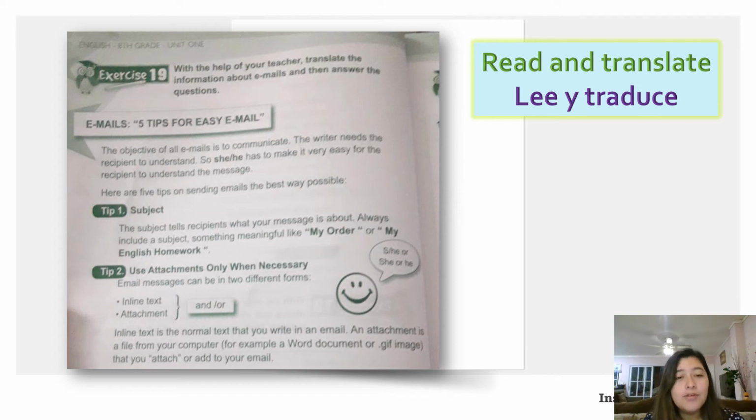El objetivo de todo correo electrónico es de comunicar. El escritor necesita que la persona que va a recibir comprenda. Entonces, él o ella tiene que hacerlo fácil para que la persona comprenda el mensaje. Aquí vamos a ver 5 tips para escribir correos de forma fácil.